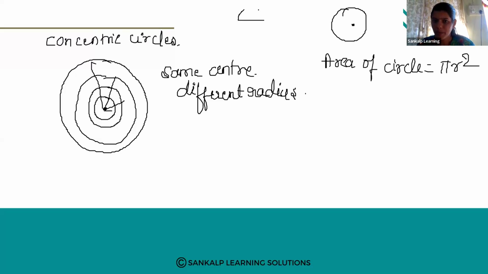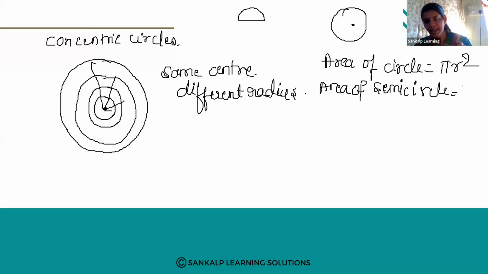How are you going to find the area of a semicircle? The full circle area is pi r square. Semi means half, so divided by 2, right? So this is the area of a semicircle. Remember.